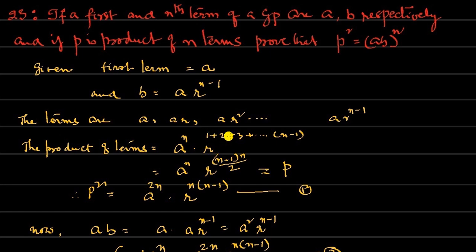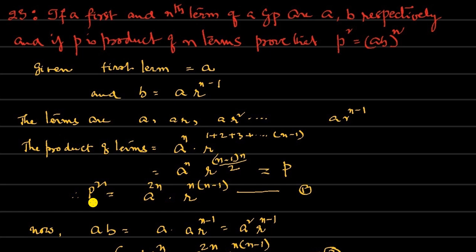So when you expand this, sum of the first n minus 1 terms, n minus 1 times n by 2, a power n comes as it is, r power this. That is equal to P given. What is P? Product of n terms.